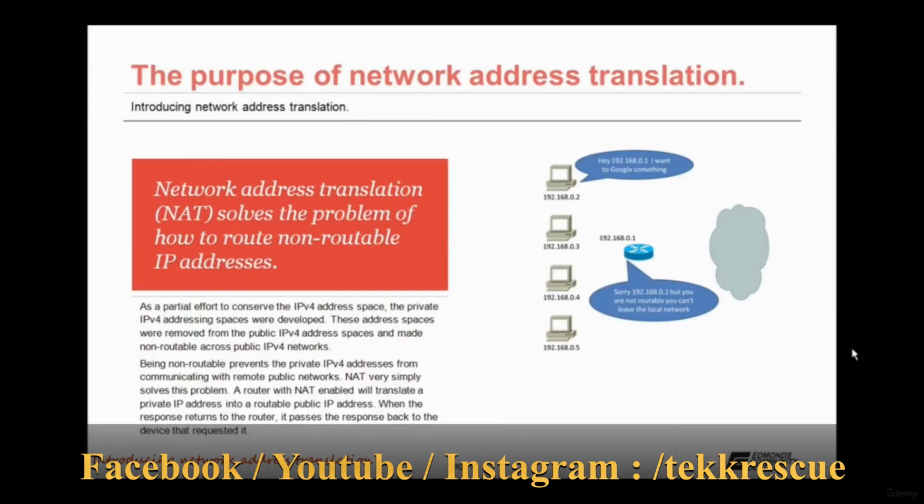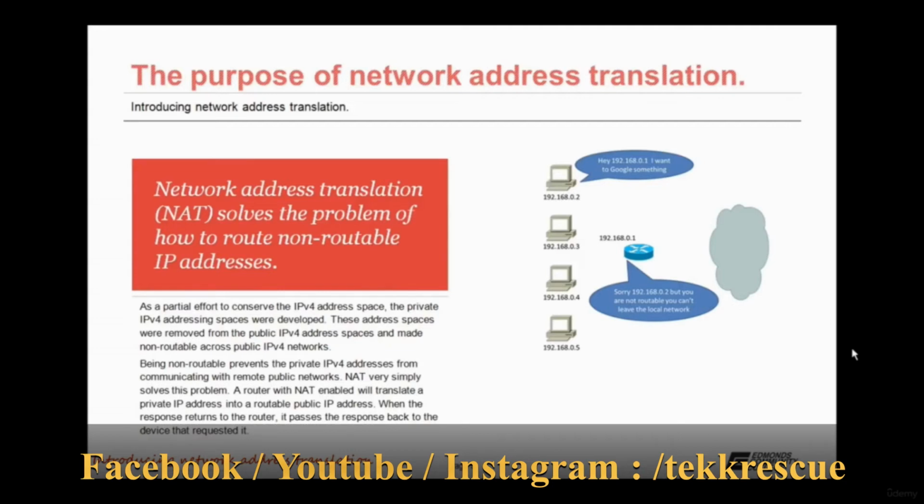Network address translation, or NAT, solves a very serious problem of how to route non-routable IP addresses. As a partial effort to conserve the IPv4 address space, the private IPv4 addressing spaces were developed.